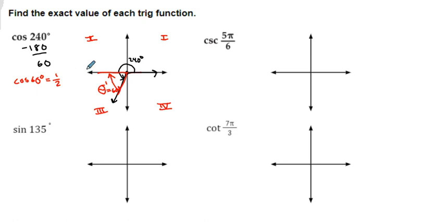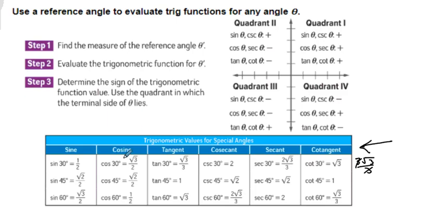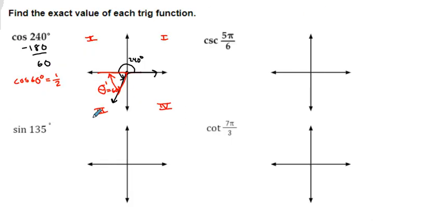Quadrant 3 is right here, and you'll see that the cosine values for quadrant 3 are all negative. So therefore, the cosine of 240 degrees is equal to -1/2.